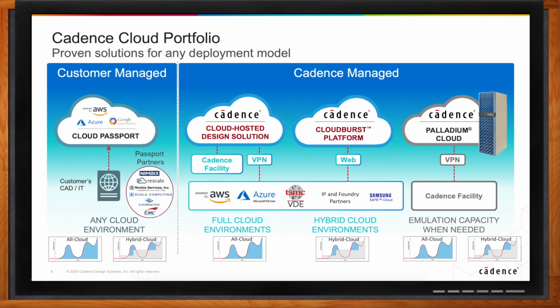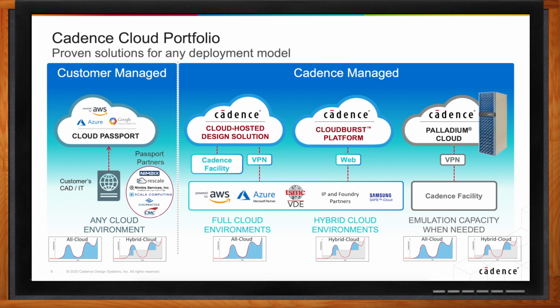At this level, just notice that when a customer is going to manage their own environment, they can do that either 100% in the cloud or partially in the cloud. That's really up to the customer. On the Cadence managed side, you'll see that we have options for full cloud environments as well as these hybrid environments.